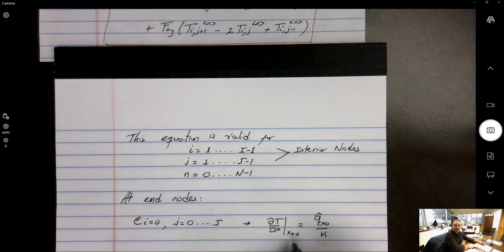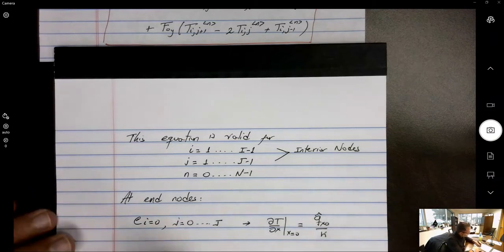And we know how to implement that in finite differencing. So basically take the forward differencing approximation of this derivative, right? And we've already formulated that before.